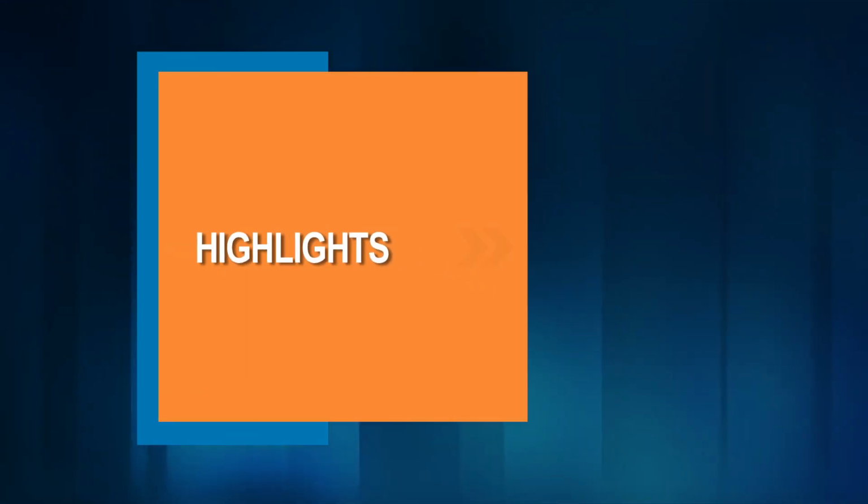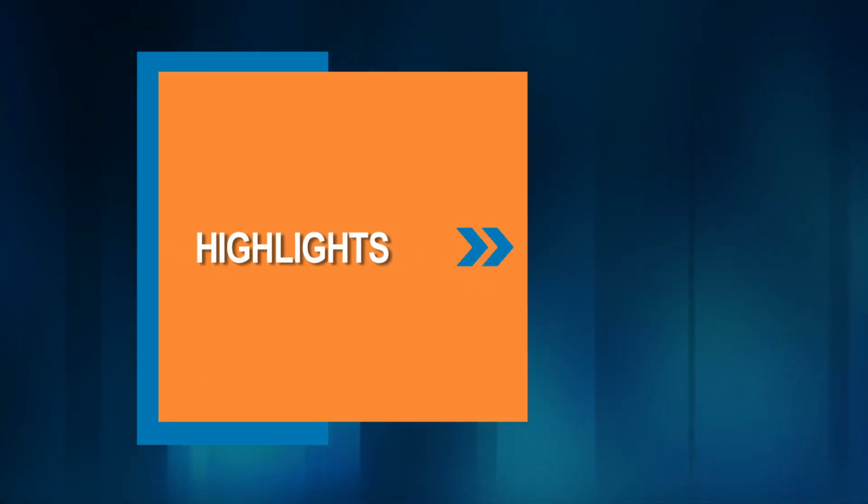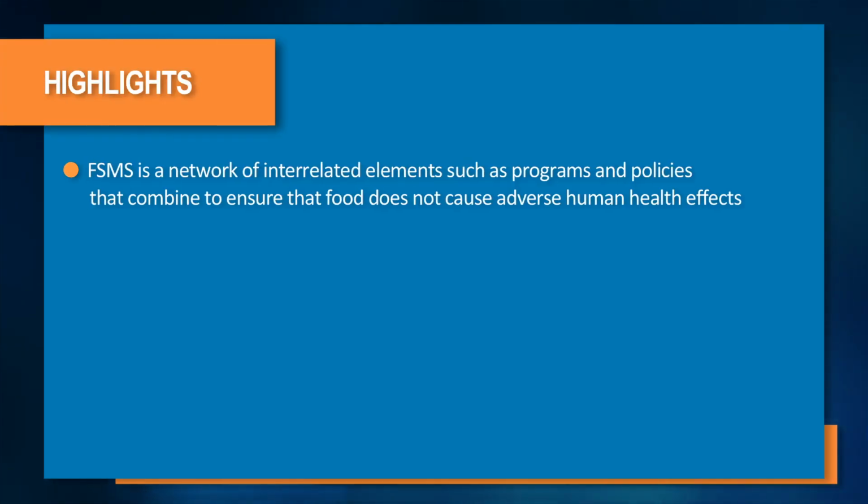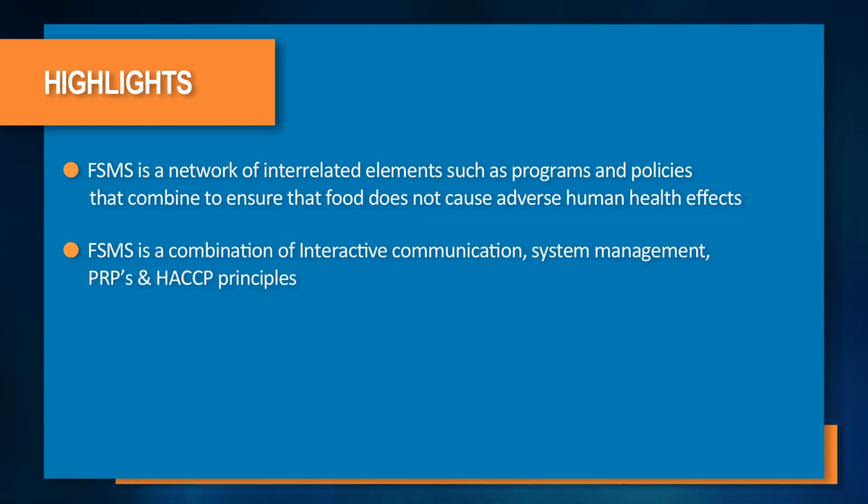Thus, the main highlights of this video are: FSMS is a network of interrelated elements such as programs and policies that combine to ensure that food does not cause adverse human health effects. FSMS is a combination of interactive communication, system management, PRPs, and HACCP principles.